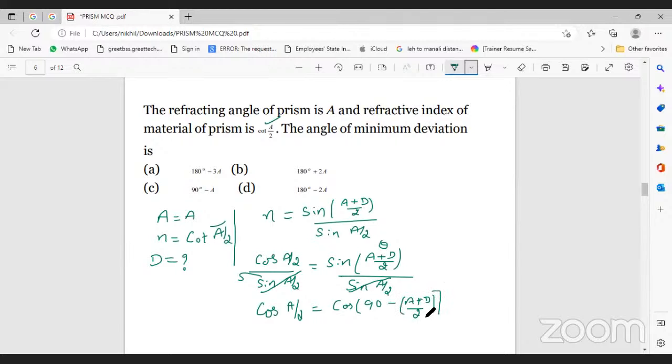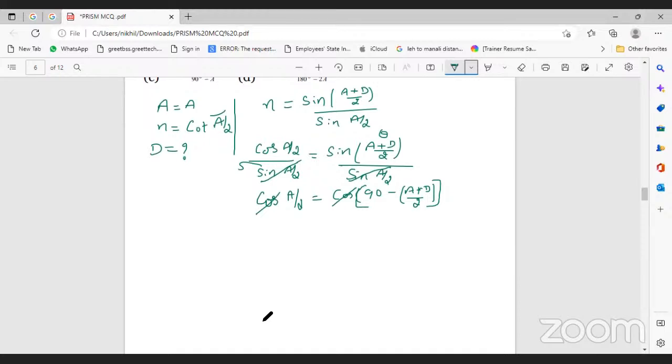Correct, no? So you can cancel out the cos and cos. So A by 2 is equal to what?